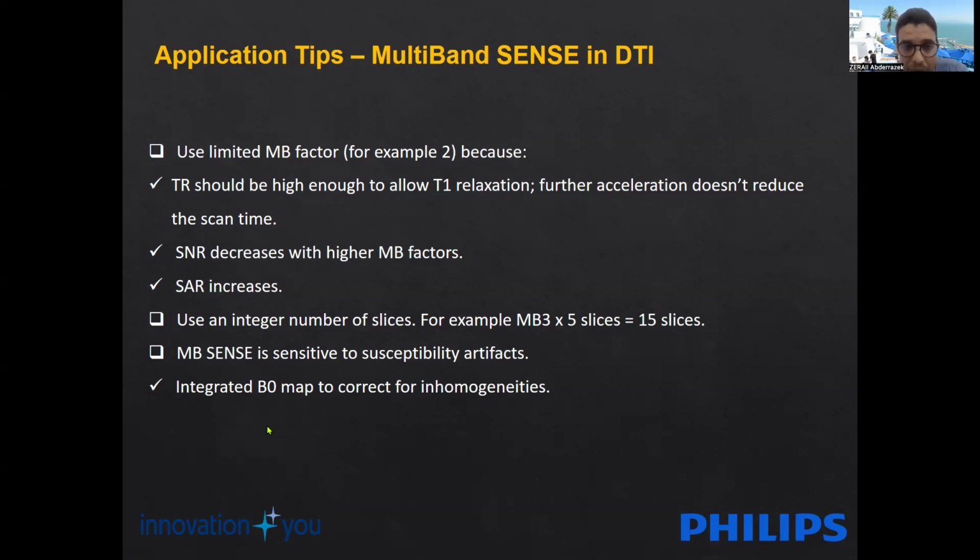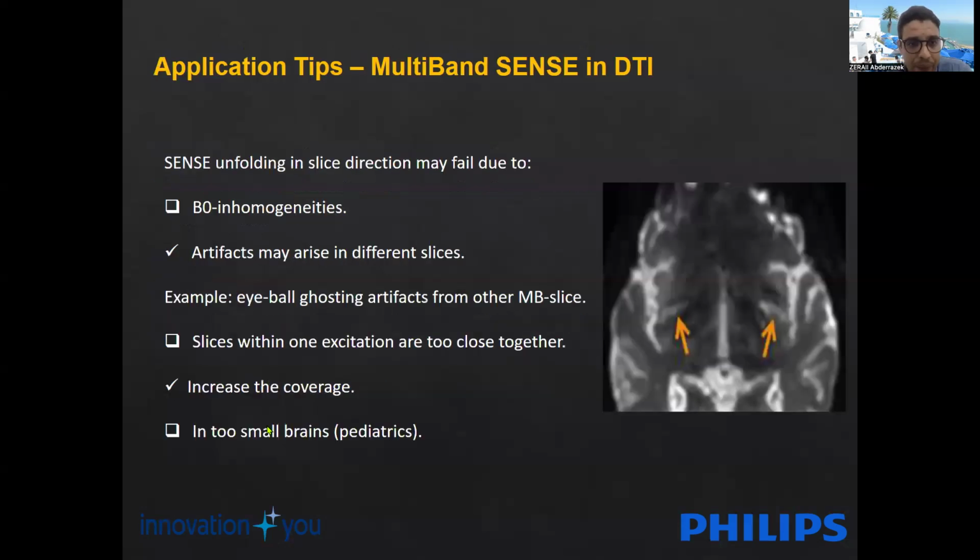Also, it's very sensitive to susceptibility artifacts, which can give you a bad image. So pay attention to this parameter, and also try to integrate the B0 map to correct for inhomogeneity, also at different multiband SENSE values.